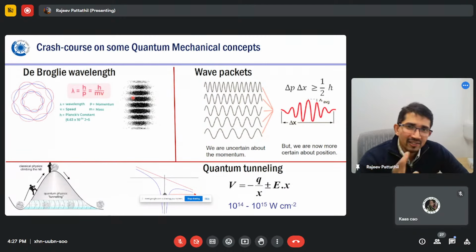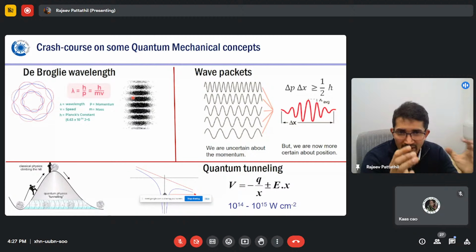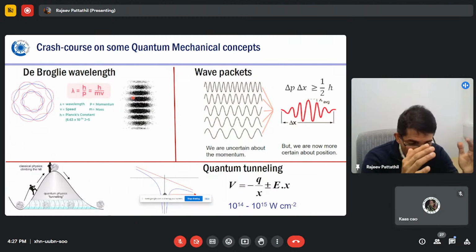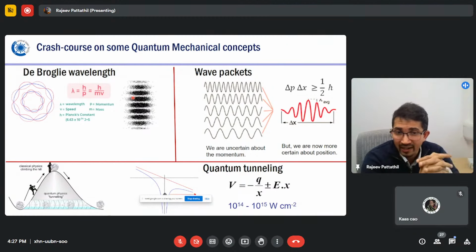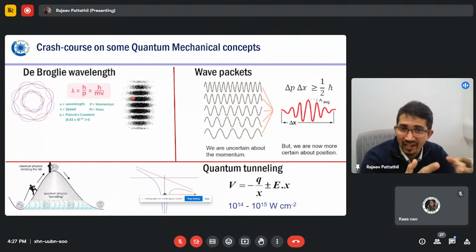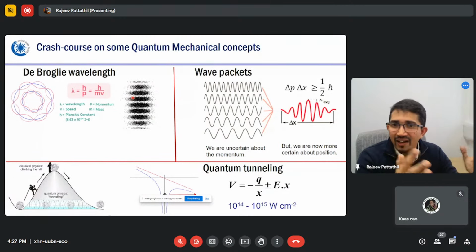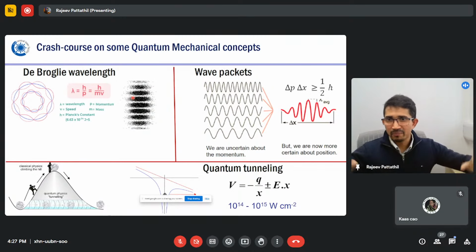But then the next step is that when they are confined in a space, for example, in a potential well of, let's say, an atom, where electrons are bound by the Coulombic potential, then the position of the electrons is somewhat fixed, which means that their momentum, because of the uncertainty principle, becomes completely undefined.